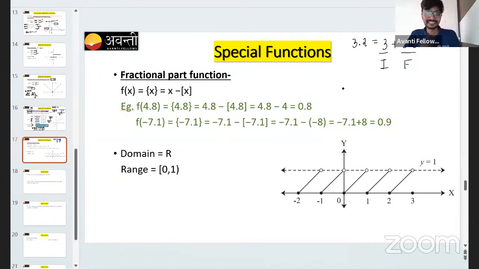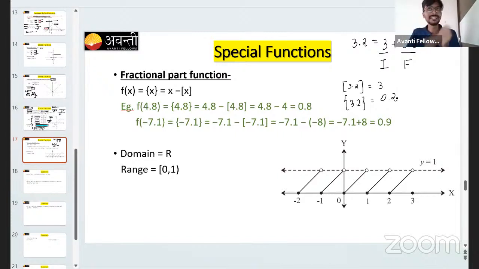Now, the greatest integer function or step of 3.2 is the integral value, which is 3, and the fractional part function, denoted by curly brackets of 3.2, will be equal to the fractional part, which is 0.2. So this is the logic behind these two functions. The step function gives the integral value, while the fractional part function gives the proper fraction value.